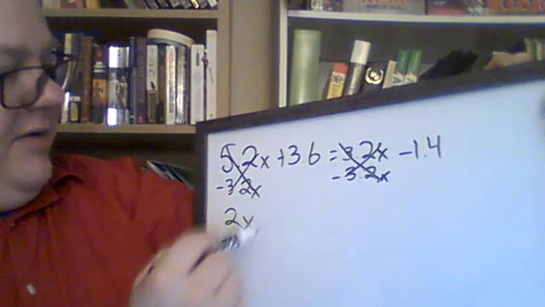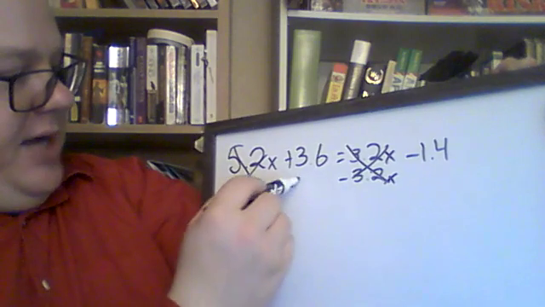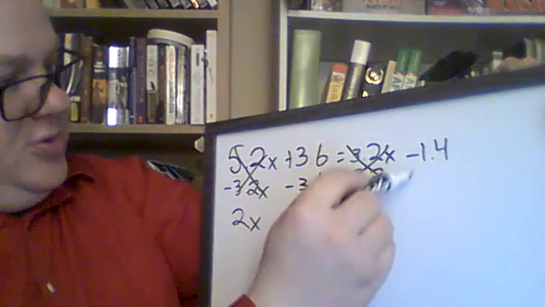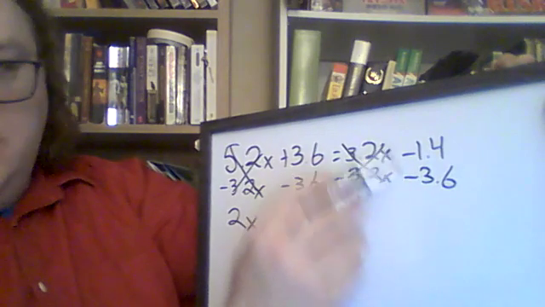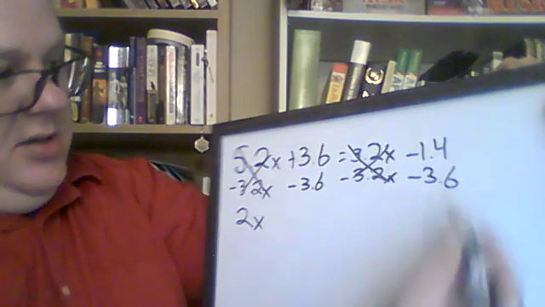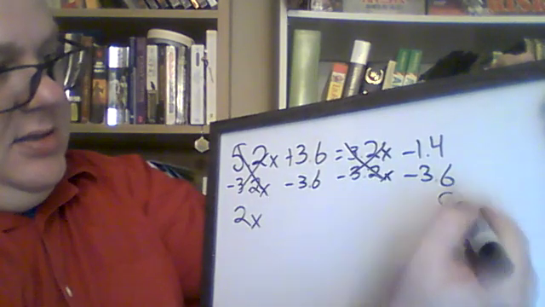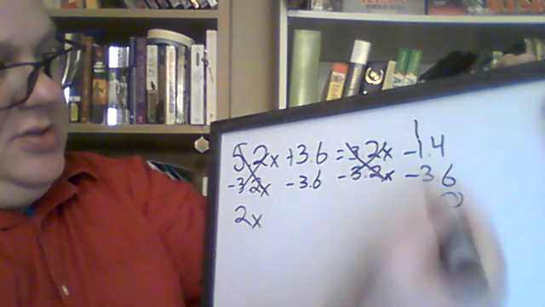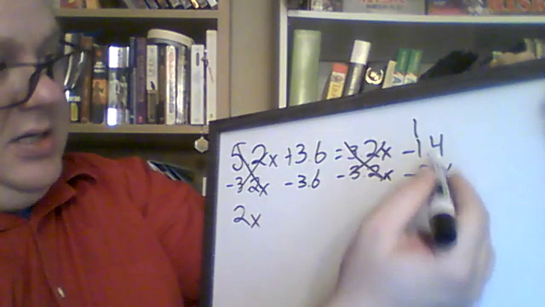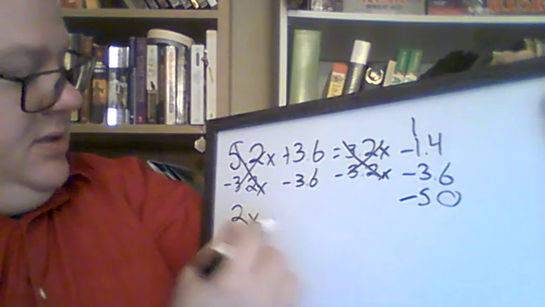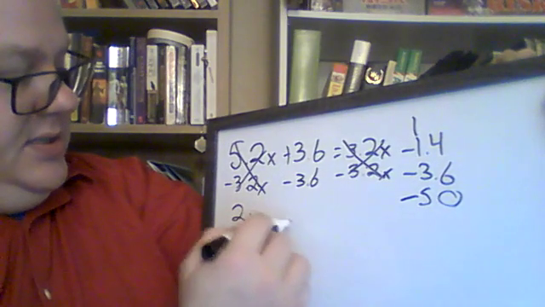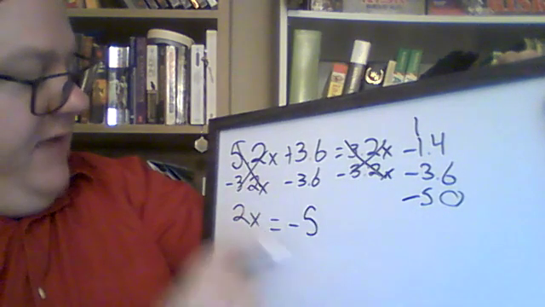Now I'm going to subtract 3.6. Subtract 3.6. These are both negative, right? So I'm just going to add these numbers together. 6 plus 4 is 10. 3 plus 1 plus 1 is 5. We're going to keep this negative. 2x equals negative 5.